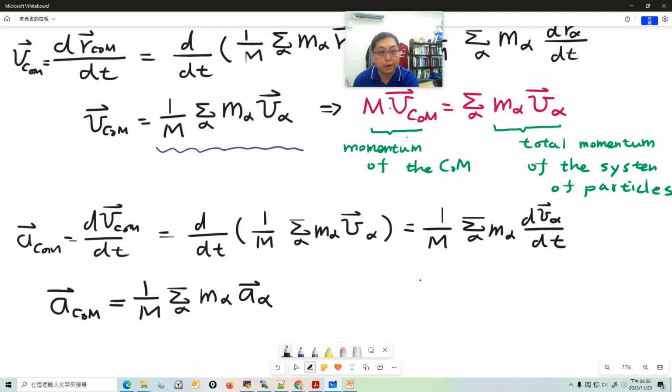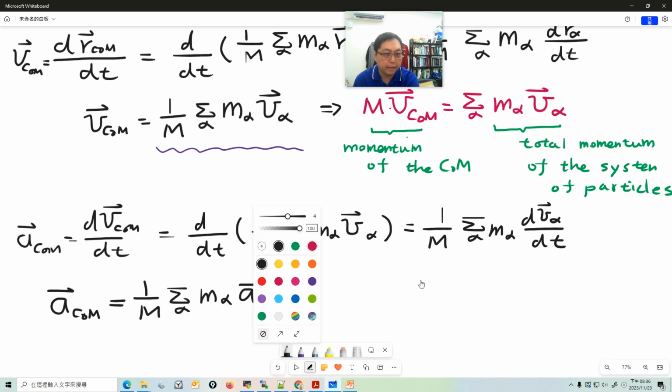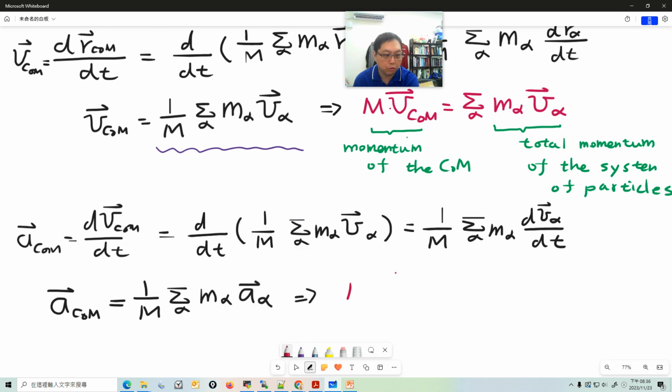Okay, that's our conclusion. So it's also a formula very similar to that of the velocity of the center of mass, and we do the same algebra work. I think you might understand what I'm going to say.